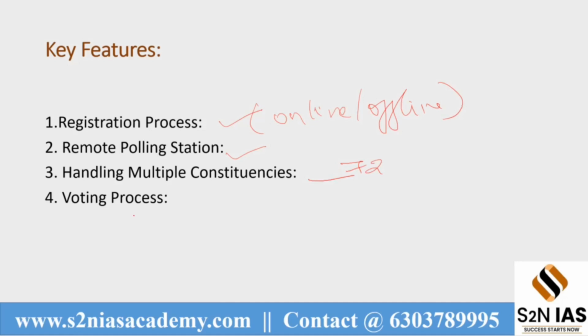Next, the voting process. When the voter scans their constituency card in the presence of the presiding officer at the remote polling station, the respective constituency and candidate list will appear on the REVM display.